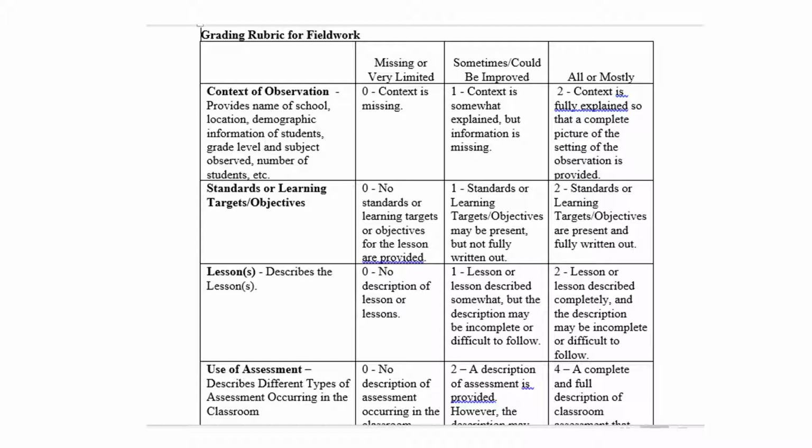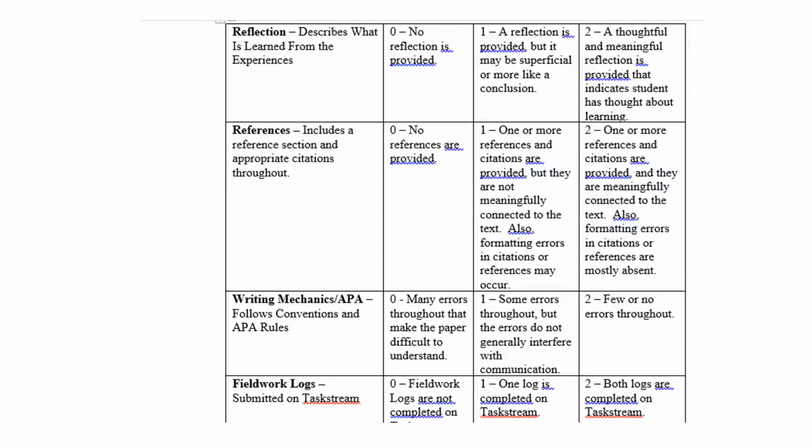You have to give me a set of learning standards or targets or objectives that the teacher used. You have to describe the lesson so that it can be followed. You have to provide a full and complete description of the types of assessment you see. Continuing through the rubric, you have to provide a thoughtful reflection.